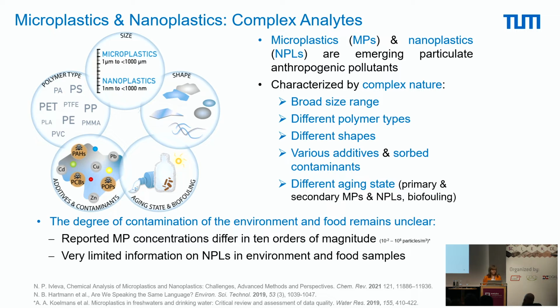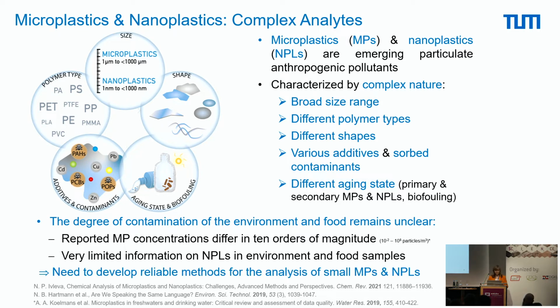For nanoplastic, even less reliable data exist. Therefore, there is a real need to develop reliable methods for the analysis of small microplastic and nanoplastic particles. Only then will we be able to find the needle in the haystack.